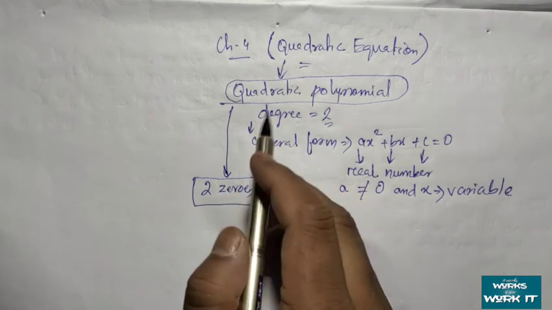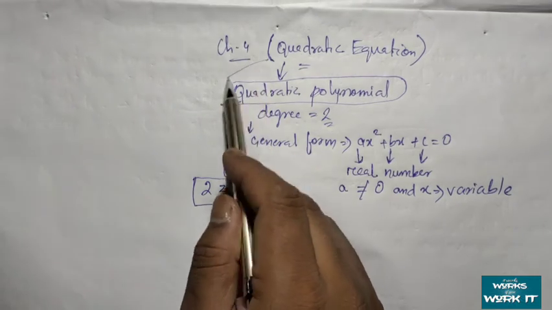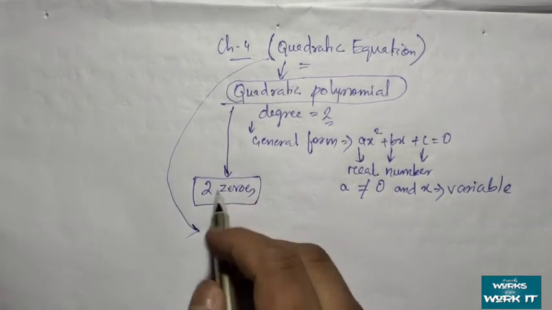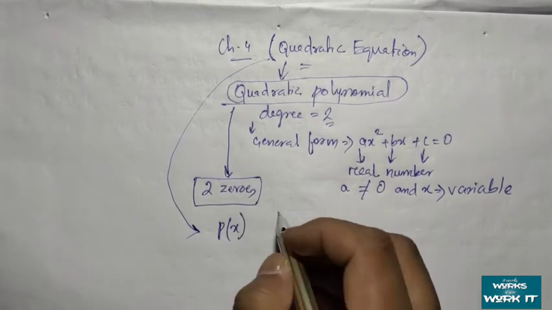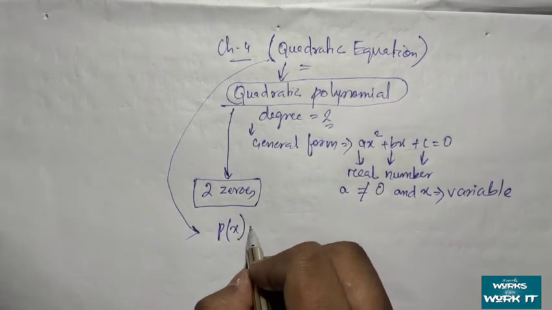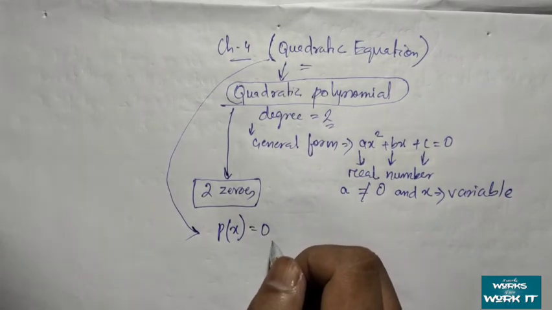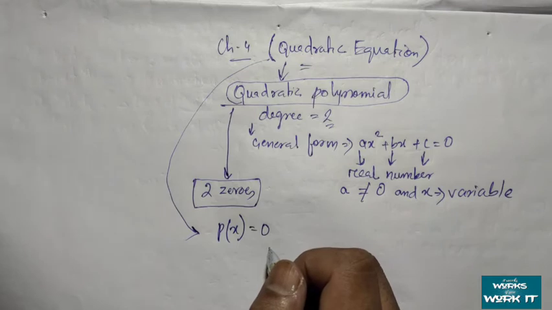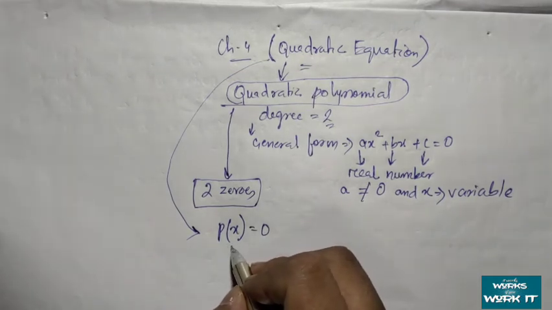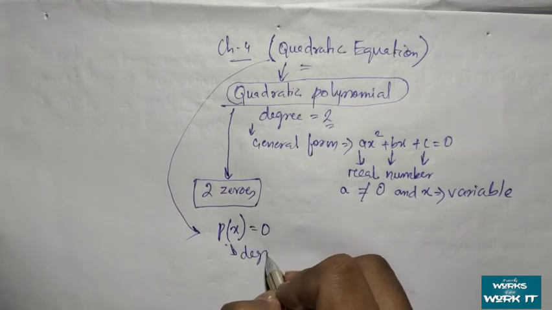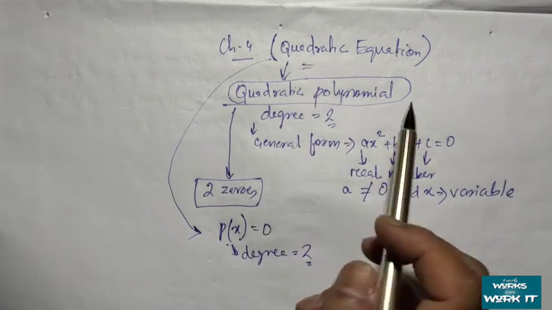Now if I come to the main topic of the chapter, that is quadratic equation, what does it mean? An equation in the variable x written as p(x) equal to 0, where p(x), a polynomial in variable x, has degree 2, is called a quadratic equation.